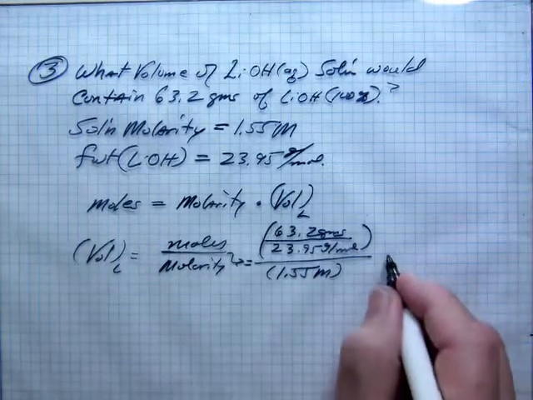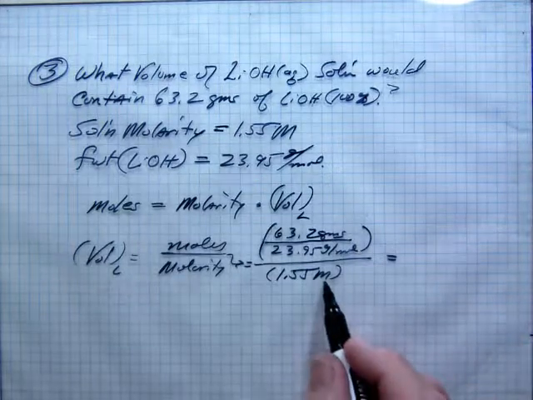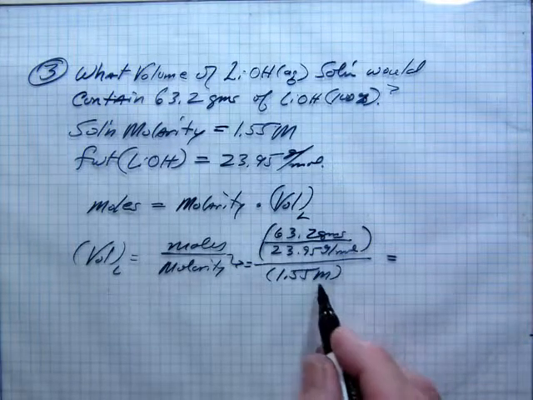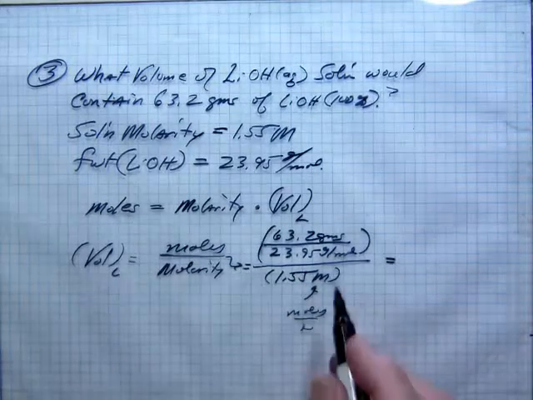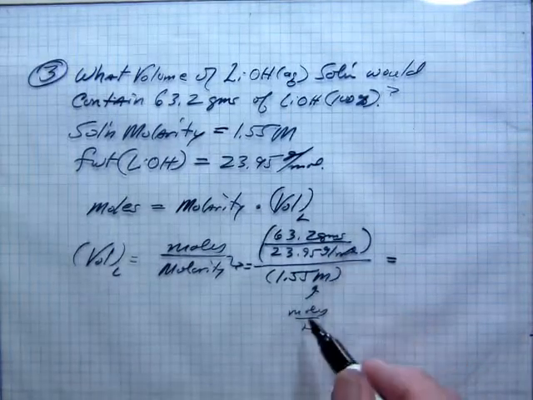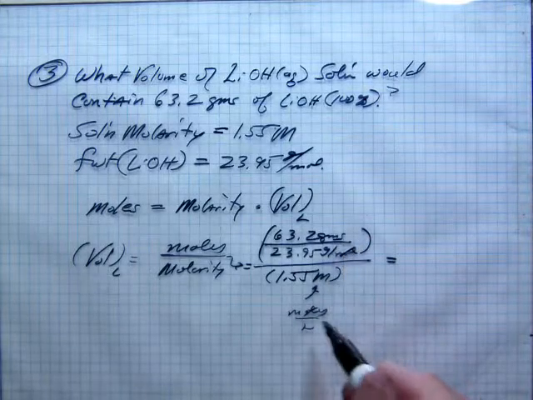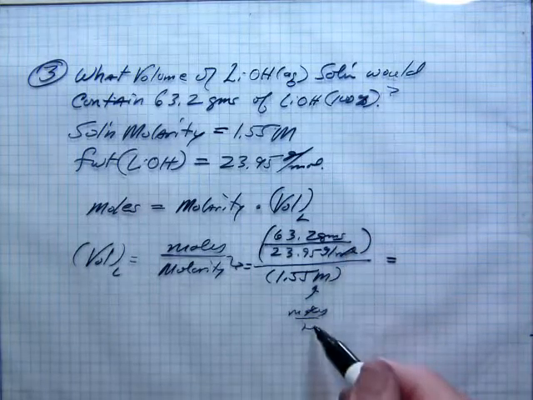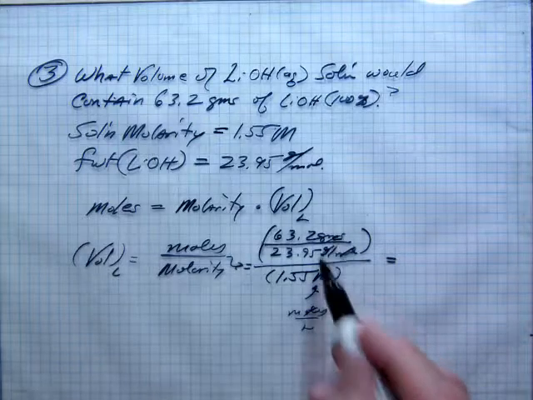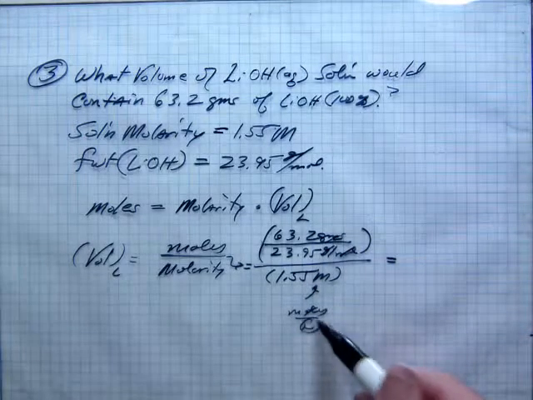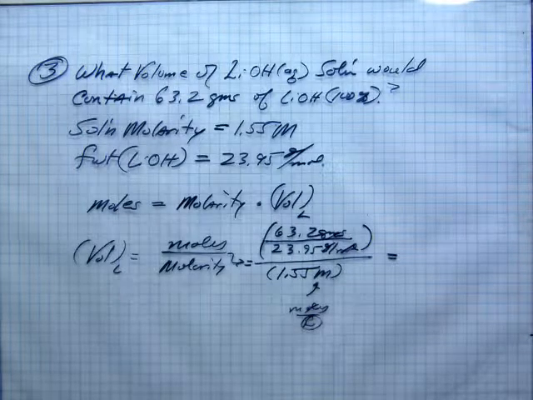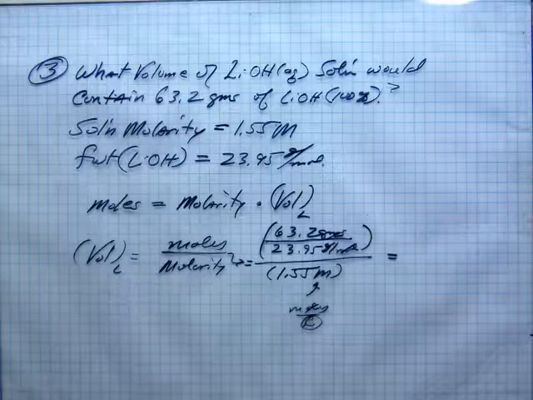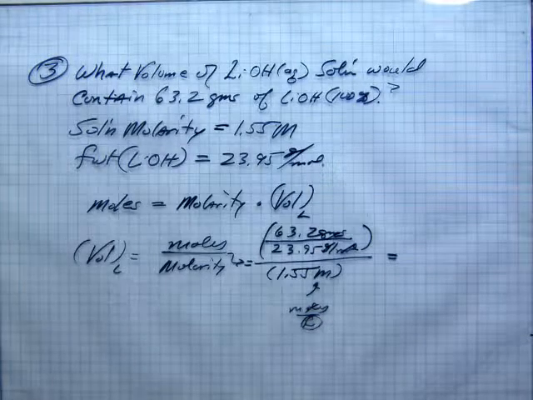Now remember, molarity is moles over liters. So if I take out moles and grams fall out, I'm left only with liters in the final answer. And you convert it to whatever you want, milliliters, whatever.